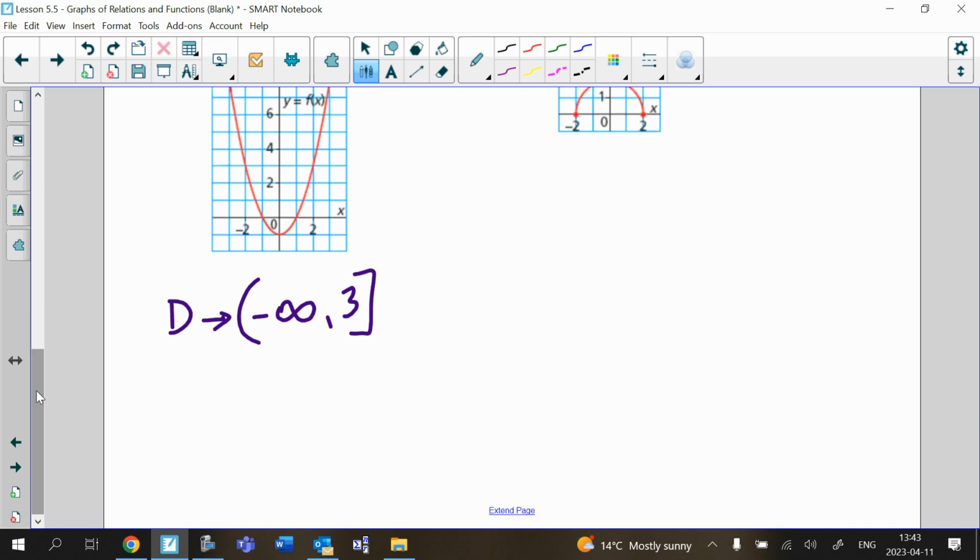Infinity. Because, yeah, it stops here, but it still keeps going there. So it's -1 to infinity. Y is greater than or equal to -1.